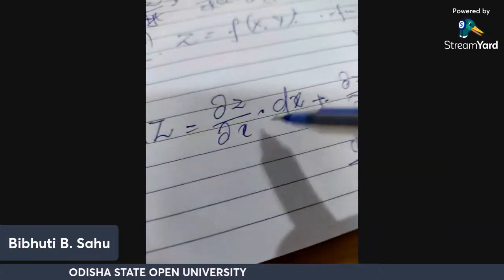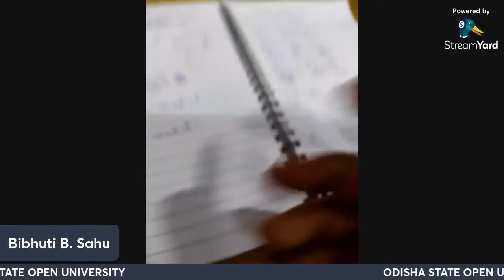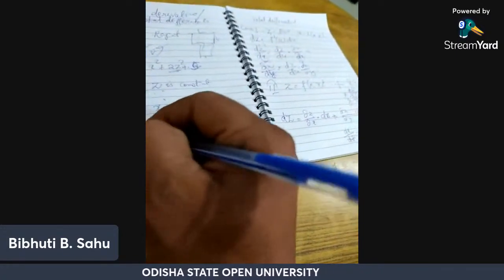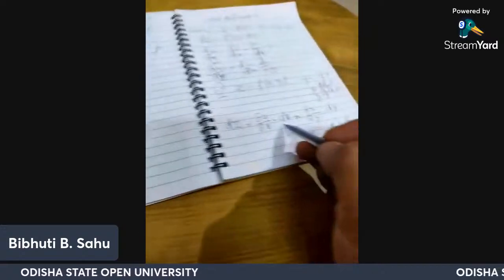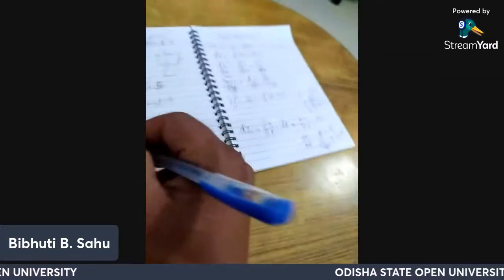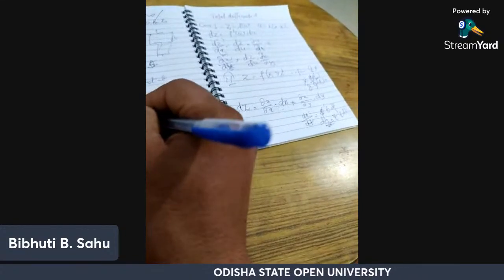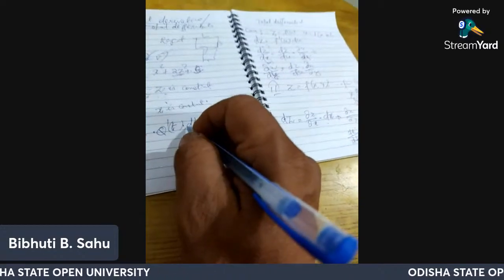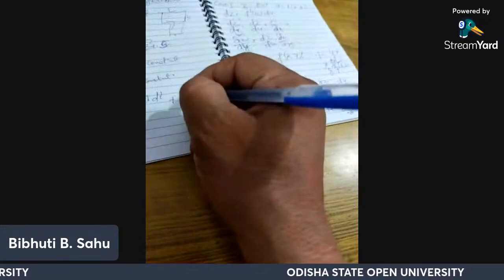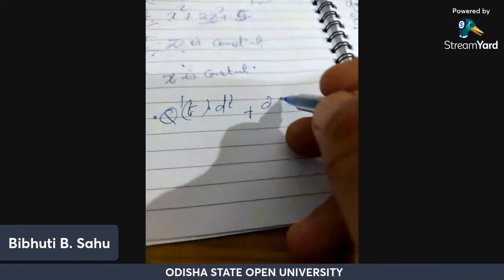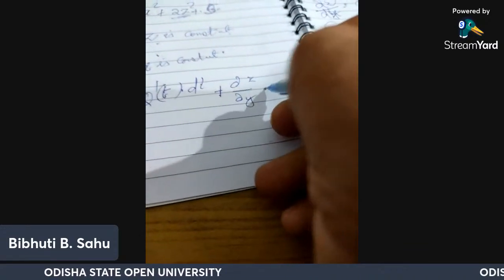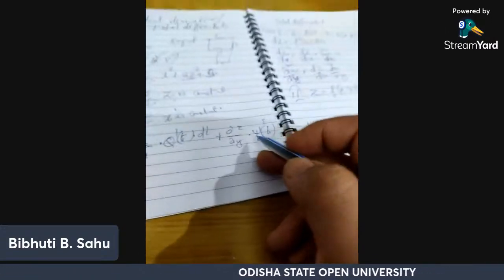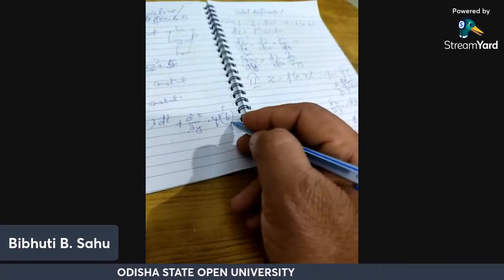So now substitute these values. dz is equal to del z del x into dx; in the place of dx, I shall write phi prime t dt, plus del z del y into f prime t dt. I have substituted the values of dx and dy.